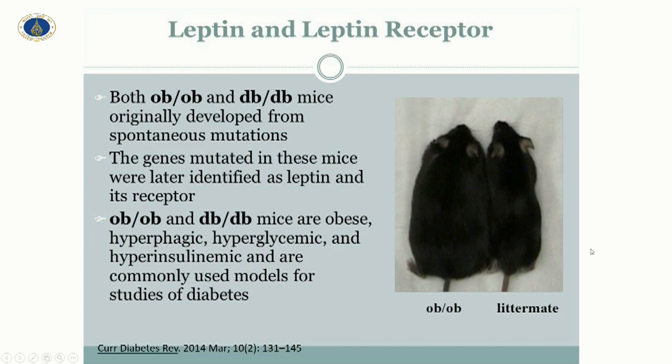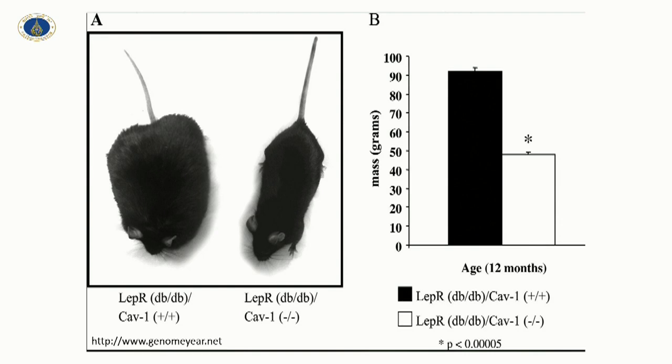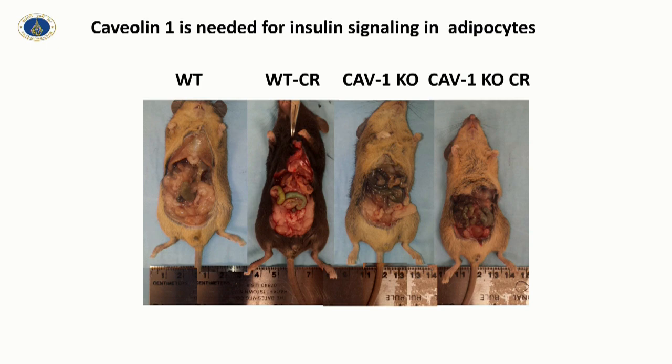You can see that they probably eat very similarly, but the size of the body is different. It's the same thing here: at the same age, the body weight is so much different, as you can see in this picture.